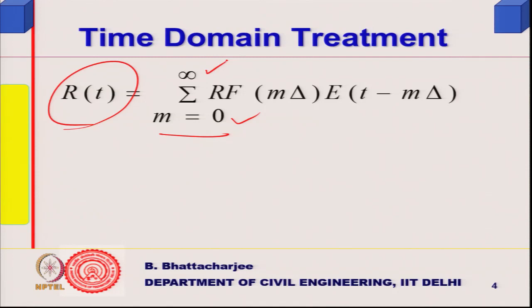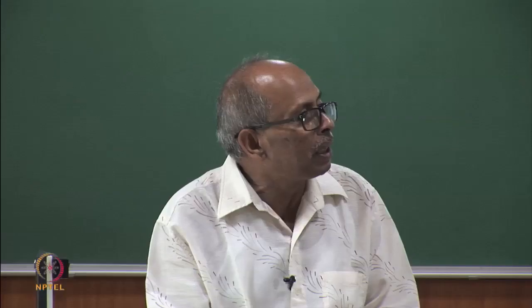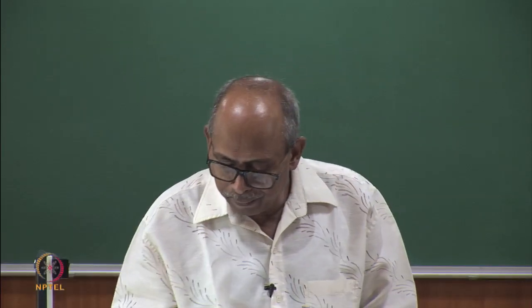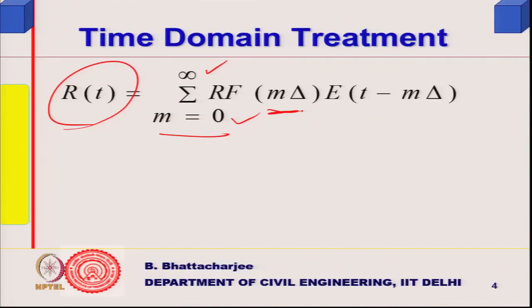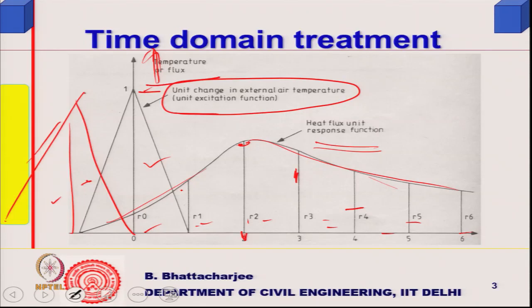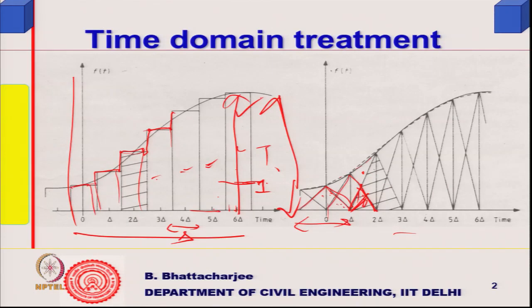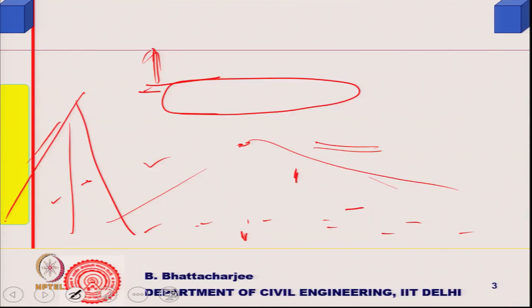That means an infinite number of pulses starting from the current pulse to the previous pulses, m delta, because each one is delta, and its excitation is E(t minus m delta). So, actual response multiplied by the excitation, as I was just telling you. This I am calling E, excitation.